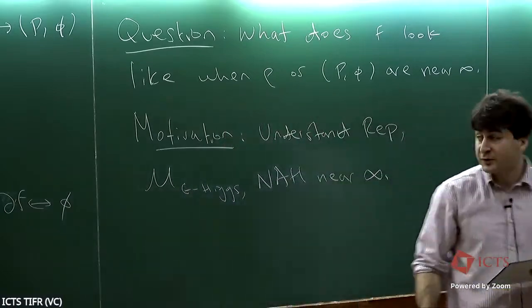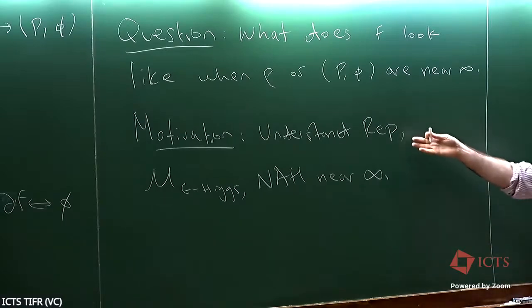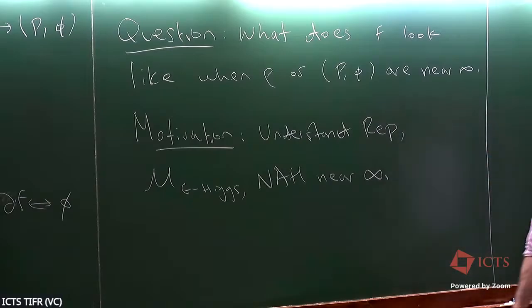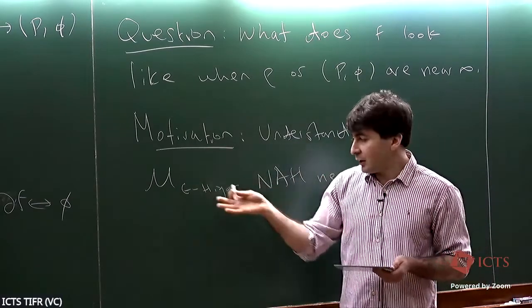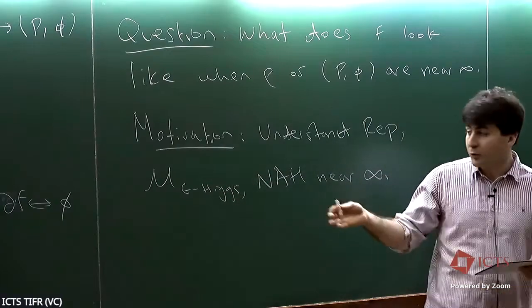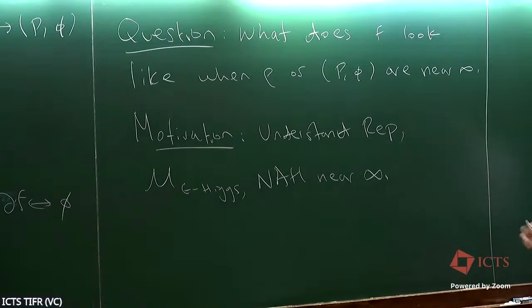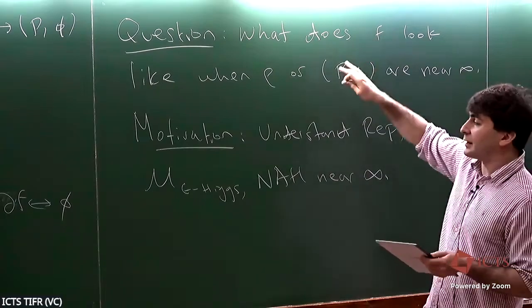So as we've seen, representations can encode geometry, and one might be interested in studying how that geometry degenerates through the harmonic map. The moduli space of Higgs bundles carries a rich geometry, and there's been a lot of work on studying the ends of the moduli space. And as well, one might ask, how might the non-abelian Hodge correspondence extend to various compactifications? So this question, I think, is sort of tied in with all of these things.